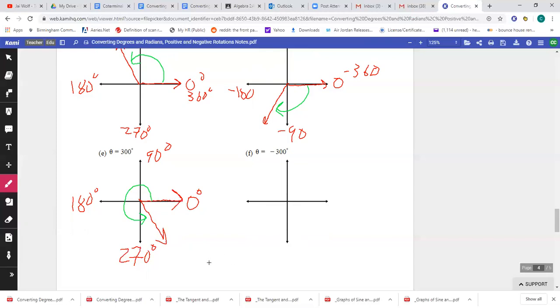So negative 300, how does that look? Well, remember, if this is 0 and we go backwards, what does negative 300 look like? Well, it always starts with that here, and then it's just a little bit past 270.